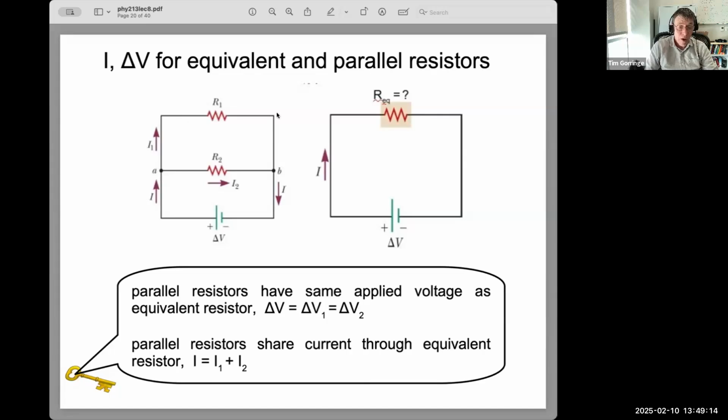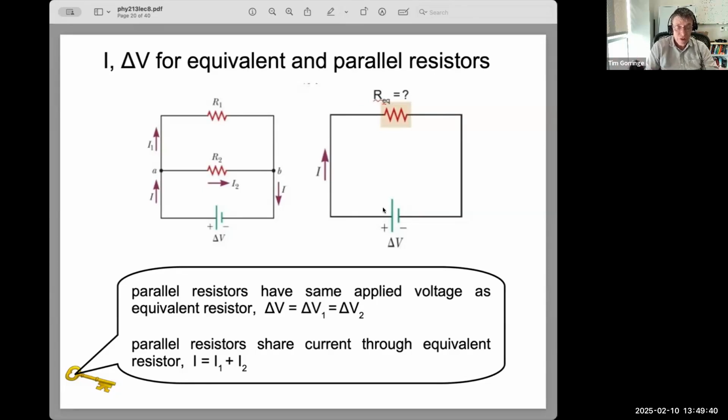Resistor R1, its left-hand terminal and right-hand terminal are directly connected by wires to the battery. Same for resistor R2. Its left-hand terminal and its right-hand terminal are connected by leads to the terminals of the battery. And the equivalent resistor likewise. Its left-hand and right-hand terminals are connected by wires across the terminals of the battery.